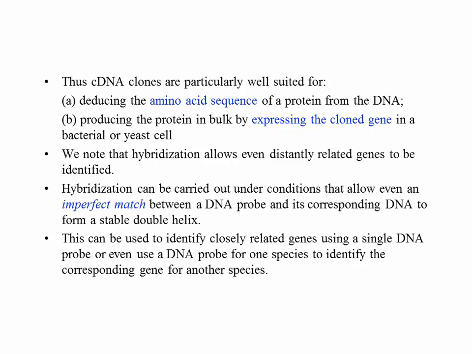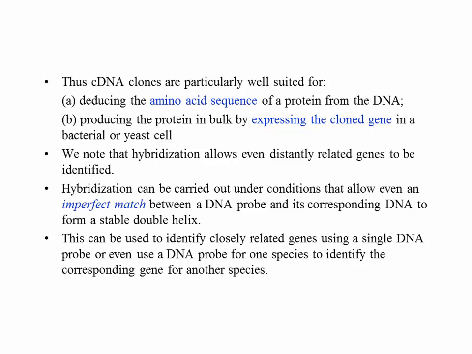So this can be used to identify closely related genes using a single DNA probe, or even use a DNA probe for one species to identify the corresponding gene for another species. For example, let's say in dogs, I figured out the sequence of the beta globin gene, right? So I know what the sequence is, and I don't know where in the human genome the beta globin gene is.